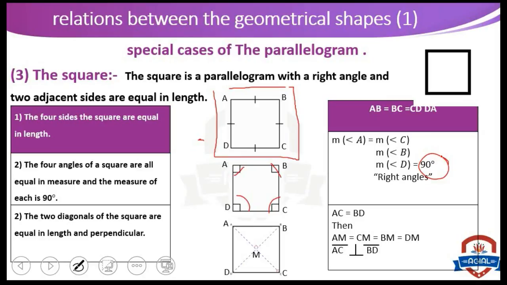The two diagonals of a square are equal in length and perpendicular. So, like the parallelogram, the two diagonals in the square bisect each other, and also the two diagonals are equal in length and perpendicular.